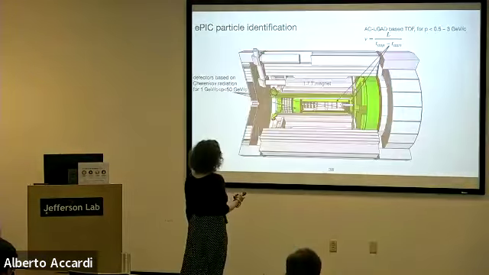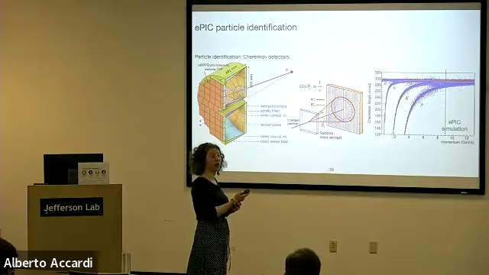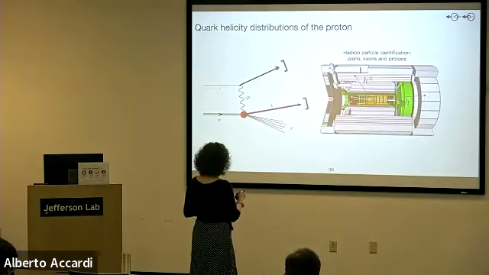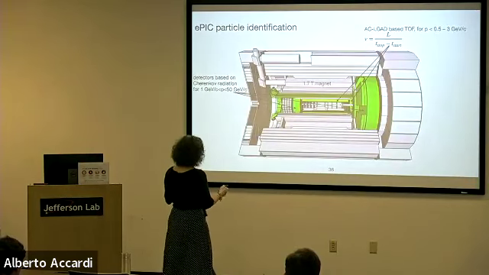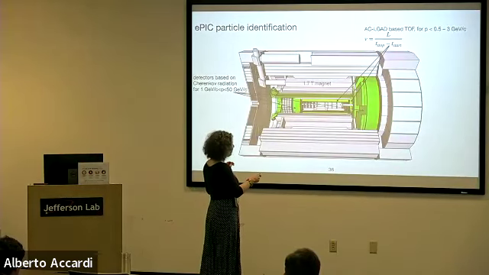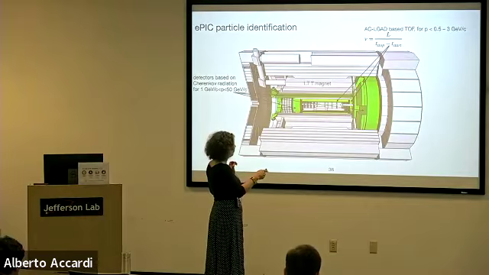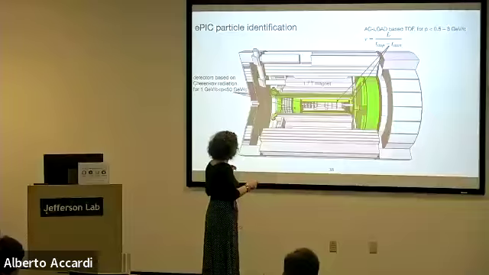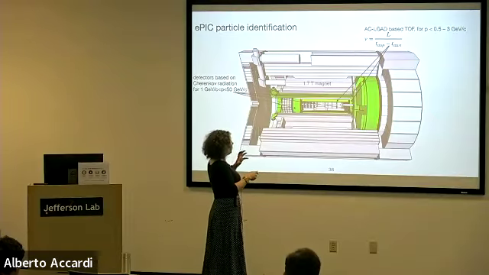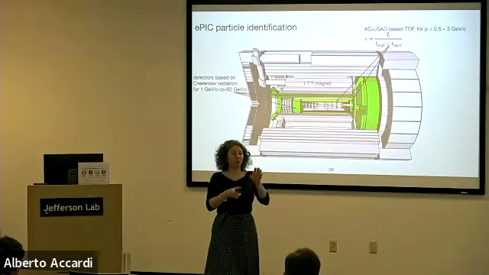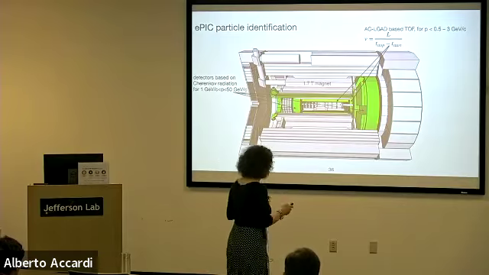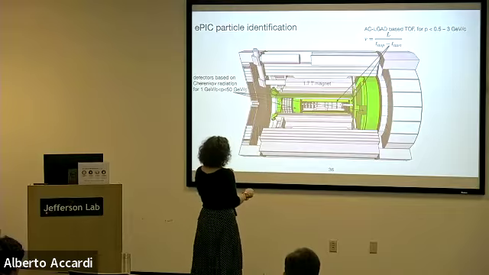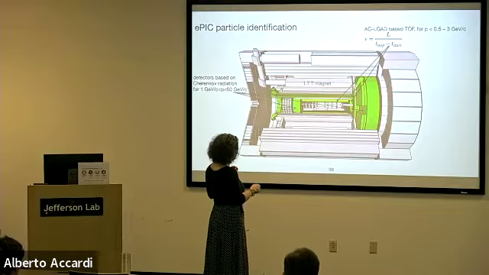There are different aspects, and I will not be able to fully answer your question because I don't know all the details. But what you have here is your interaction, then your particles evolve through the detector. You need different detectors to address different aspects of your experimental reconstruction. You produce here a particle.